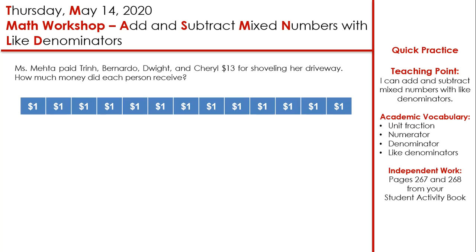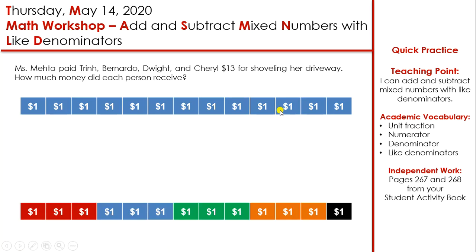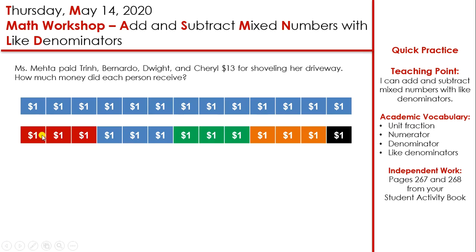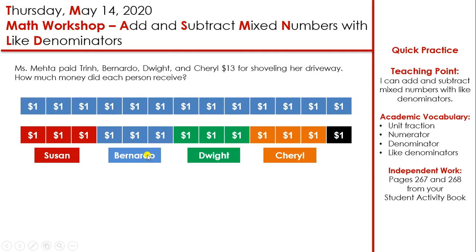Now I'm going to share one way that I could try to solve this problem. I will try a proof drawing. Right here I have my $13, as you can see. What I'm going to do now is divide them into 4 equal groups, and each group has $3. But I see right here that I'm still missing $1.